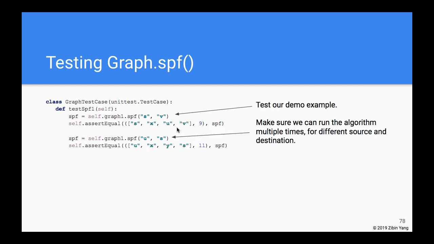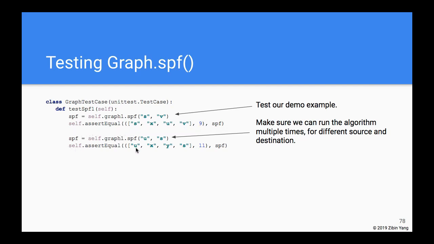And finally, the real big test is, as in our demo, we want to find the shortest path between S and V. As we already figured out, the path should be SXUV at a cost of 9. And that's what we test here.